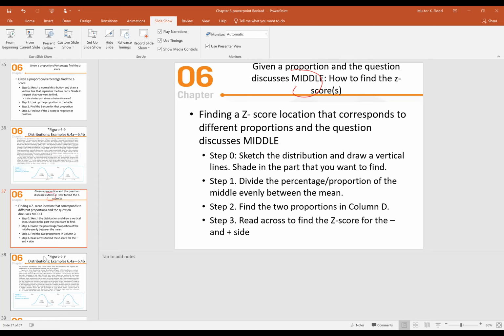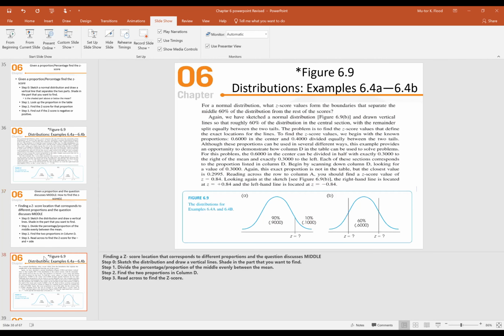So let's see how that goes. Here's a question set up. For a normal distribution, what z-score values form boundaries that separate the middle 60% of the distribution from the rest of the scores? Again, first thing, we're going to draw the distribution.